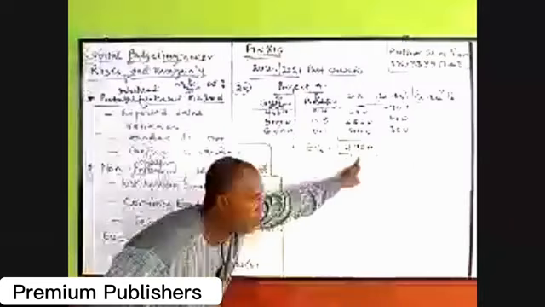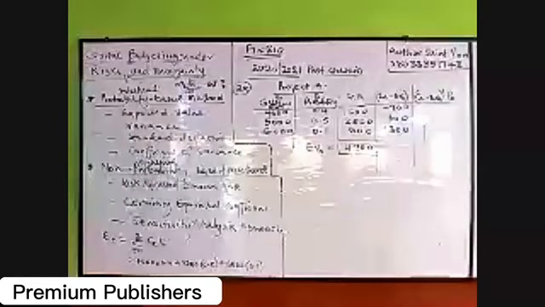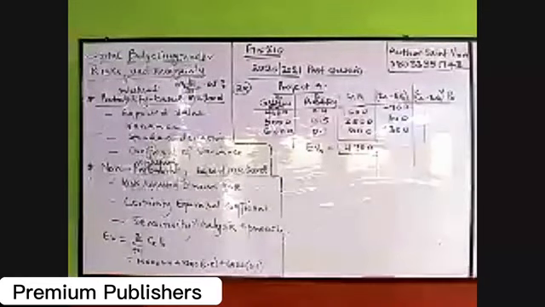Minus this, minus this. Is it clear? The next thing is to square 700.